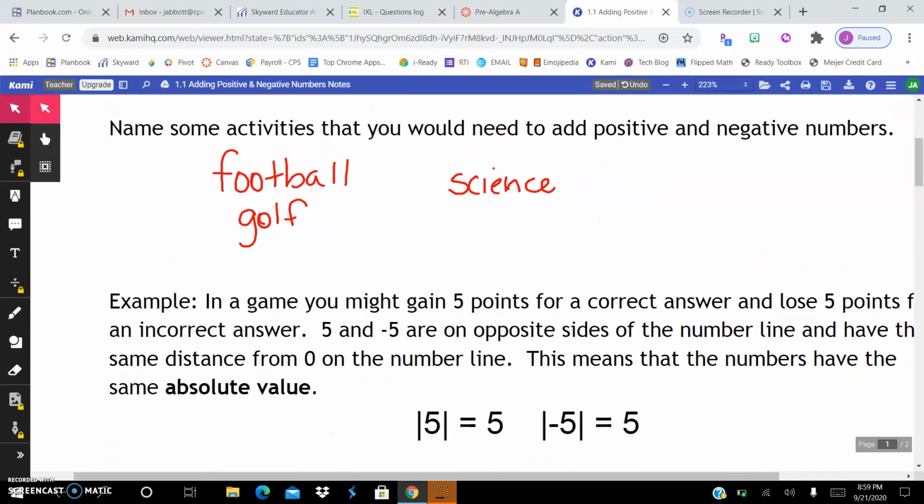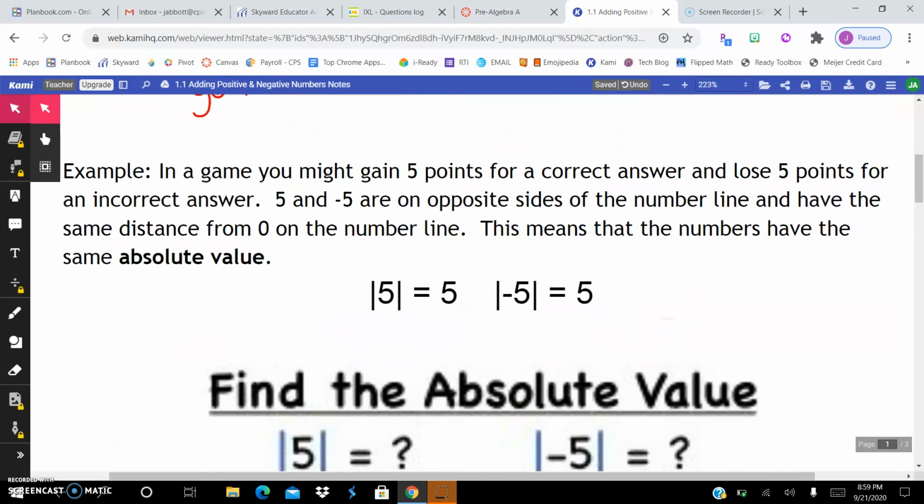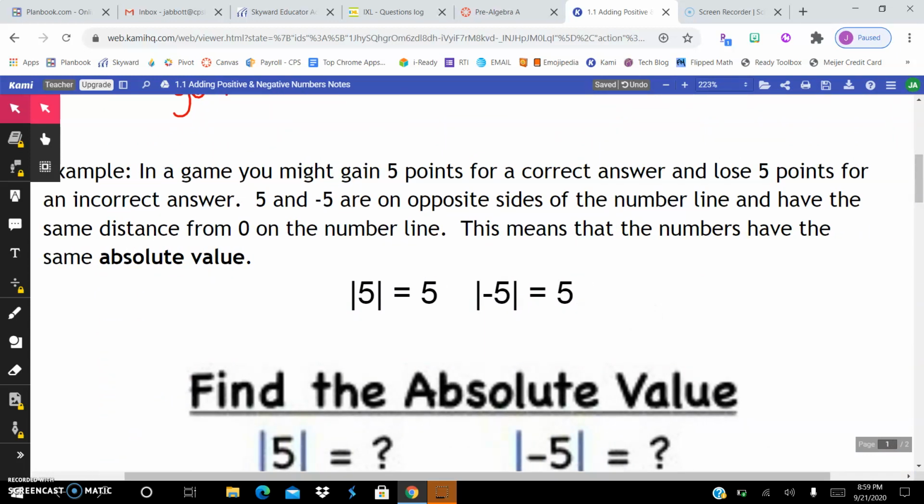They're used a lot. All right, so moving on, example: in a game, you might gain 5 points for a correct answer and lose 5 points for an incorrect answer. 5 and -5 are on opposite sides of the number line and have the same distance from 0 on the number line. This means that the numbers have the same absolute value.